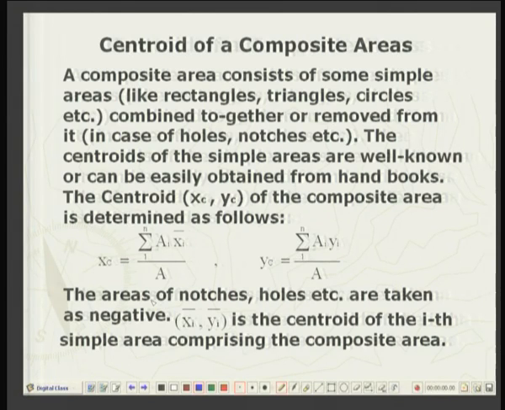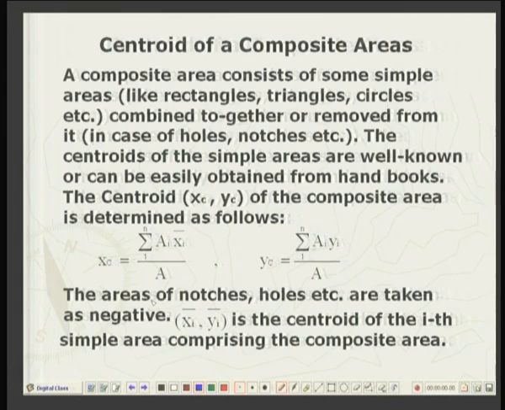Now we will come to slightly more practical problems, centroid of a composite area. In many engineering applications, the areas may not be simply a rectangle or a circle or a triangle or a trapezium, etc. But the areas may have some notches, some holes, or it is made up of two different rectangles, one rectangle, one circle, etc. So, all these areas are called composite areas.